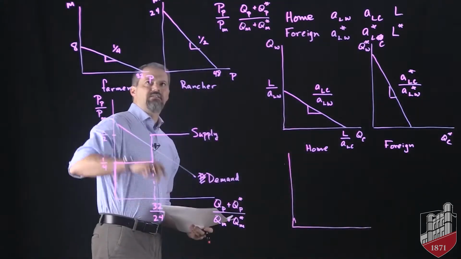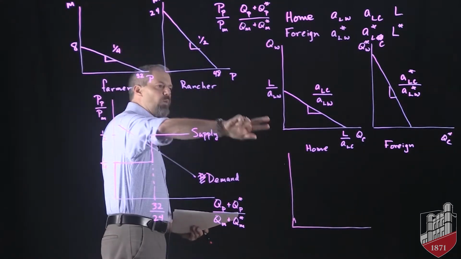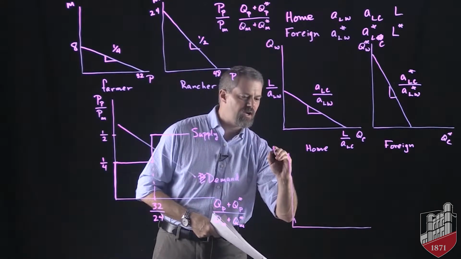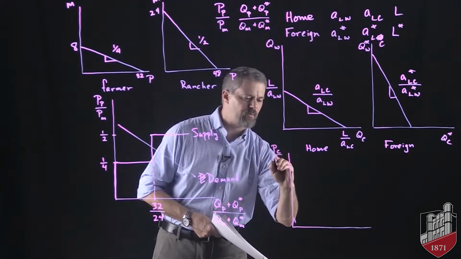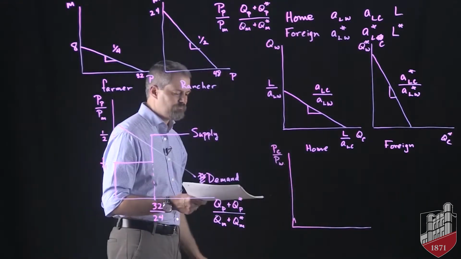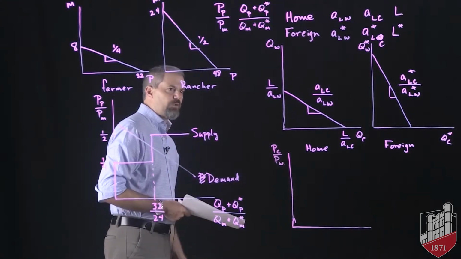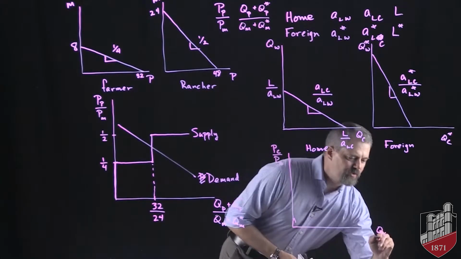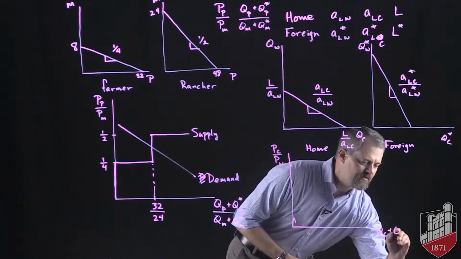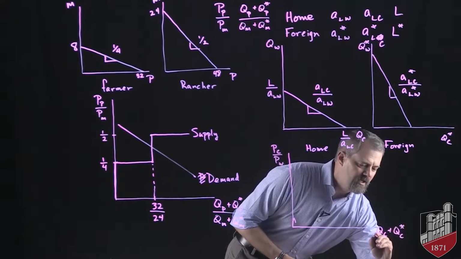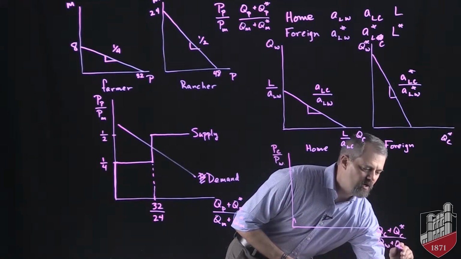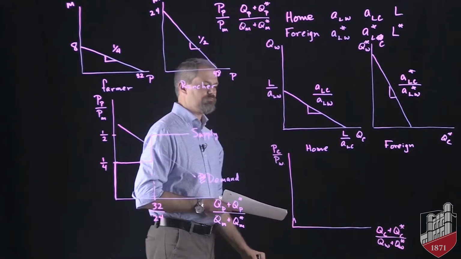So now instead of having meat and potatoes, we've got wine and cheese. So our relative price here is going to be the price of cheese divided by the price of wine. Our relative quantity down here is going to be the quantity of cheese produced in home plus the quantity of cheese produced in foreign divided by the quantity of wine produced at home plus the quantity of wine produced in foreign.